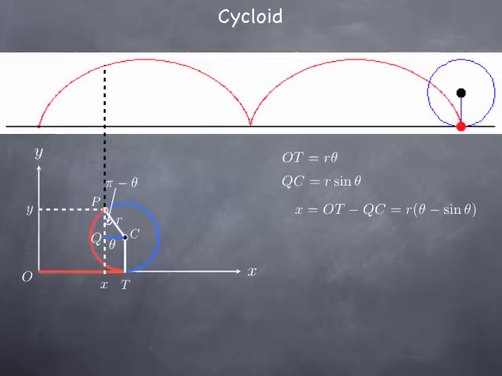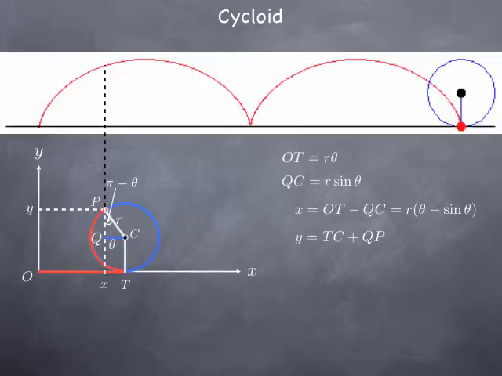Now we need to find the second coordinate y as a function of our parameter theta. You can see that y here is the length from the point where I have written x on the x-axis to Q, so that's the same as the length TC plus the length QP. This length TC is just a radius, so it's r, and what we need to find is this QP distance, which we can again calculate in the same right triangle.